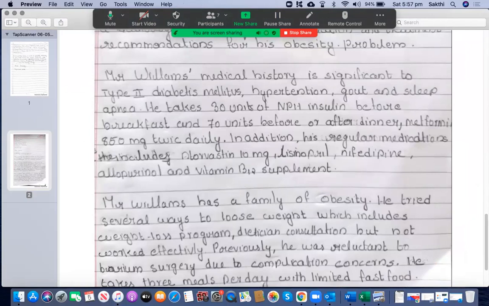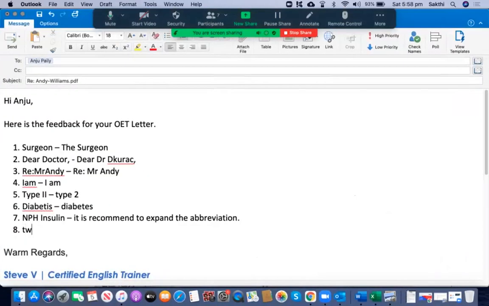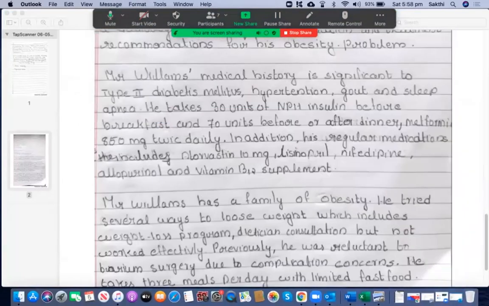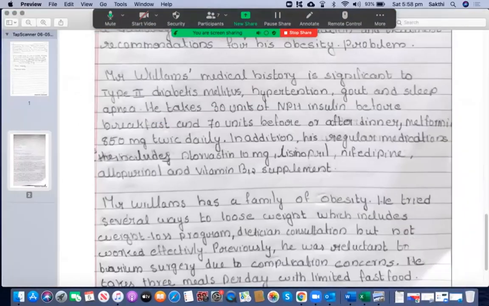Before breakfast and 70 units before or after dinner. Metformin 850 mg twice daily. Look at the spelling. It's not good. Twice daily. It's twice. And then the other issue is with the daily: you're putting L like this, isn't it?